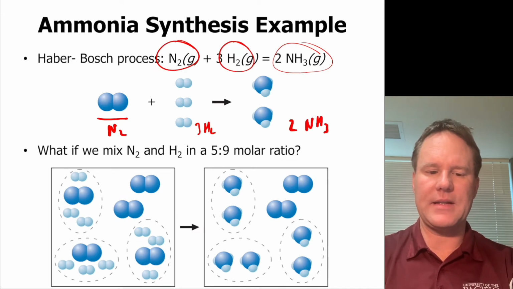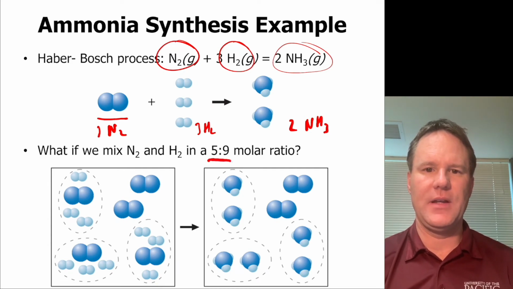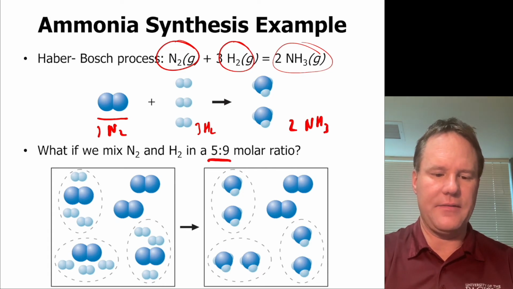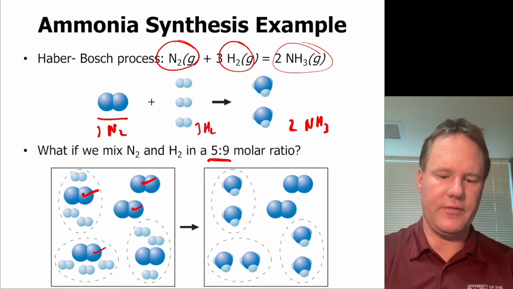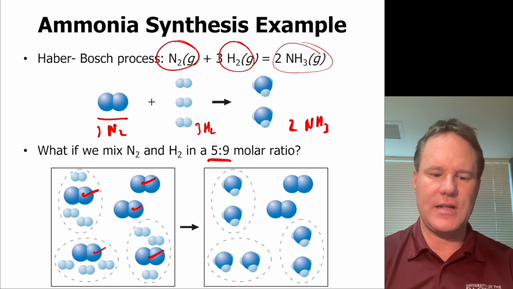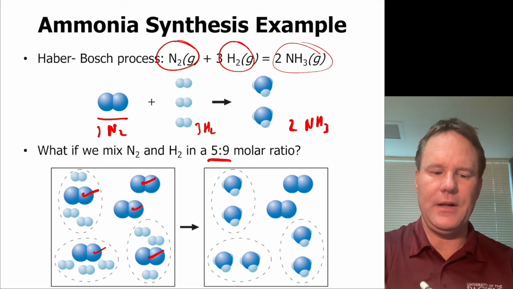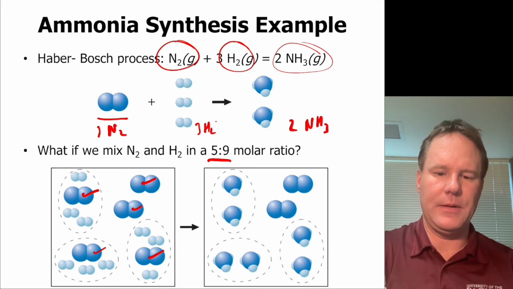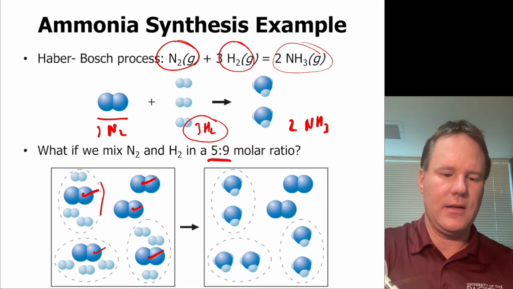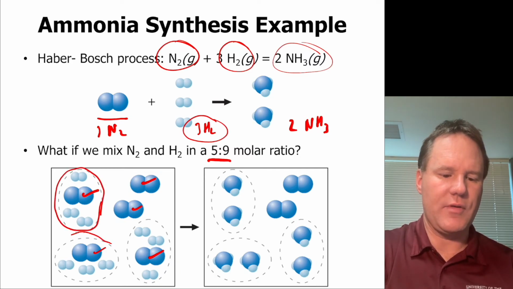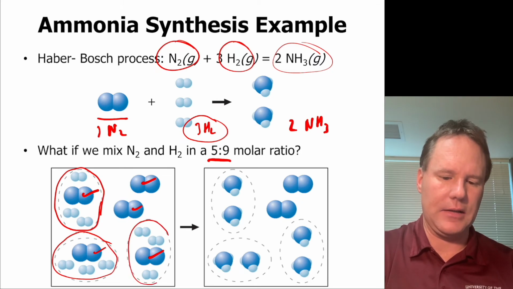But what if we mix, instead of the 1 to 3 ratio, we mix them in a 5 to 9 molar ratio? To visualize that, I have 1, 2, 3, 4, 5 nitrogens and 9 hydrogens. And we know that each one nitrogen will react with 3 hydrogens. So this will be one such reaction, another one, and then the third one.